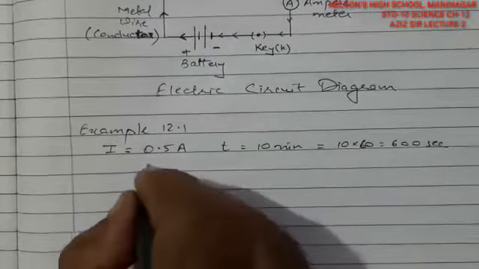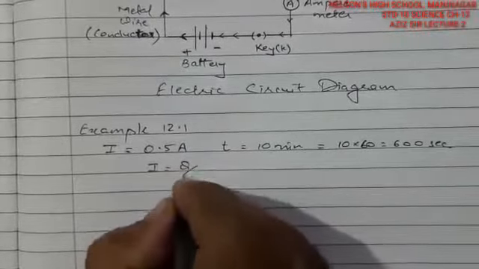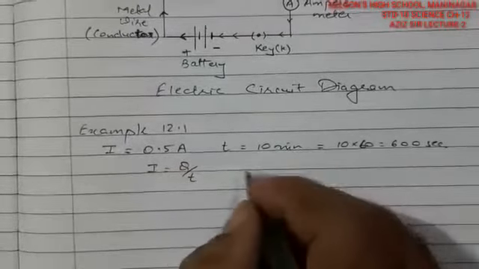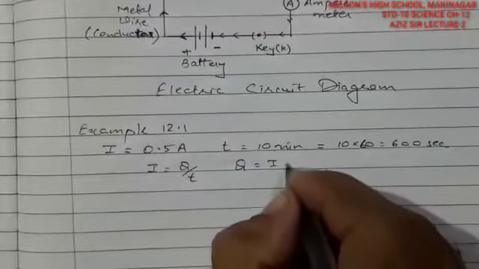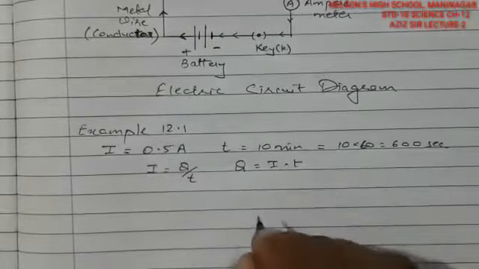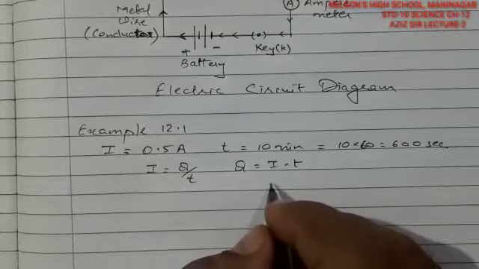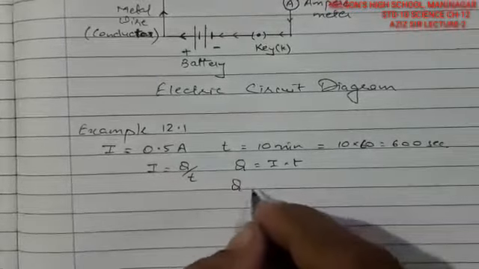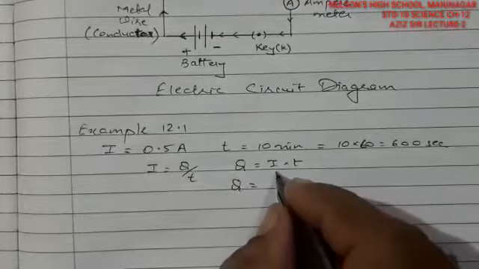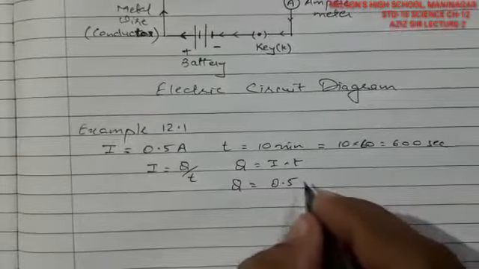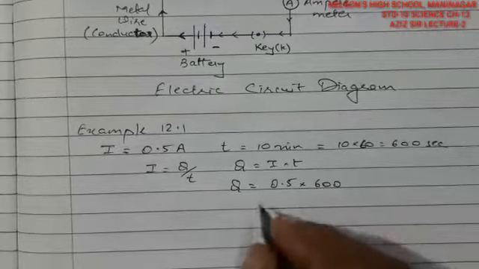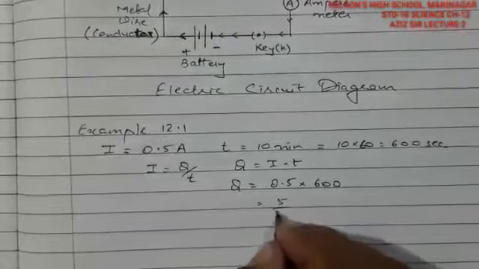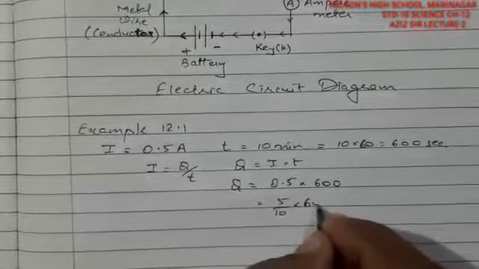Fine, we know the equation I is equal to Q by T, that we did yesterday in the last video. Q is equal to I multiplied by T. So this happens to be the equation which we can use to calculate. So Q will be equal to I, which we know is 0.5, multiplied by 600 in seconds. So this gives you 5 by 10 multiplied by 600.